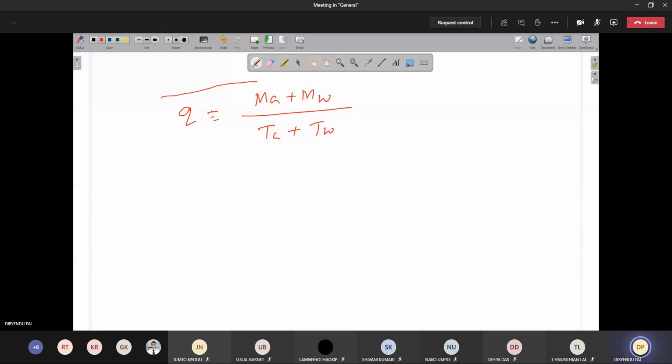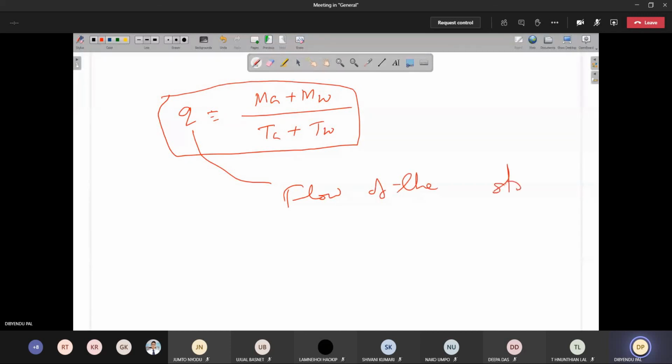This is nothing but the flow of the stream. So by the moving observer method we can find out the flow of the stream, by calculating all these parameters.